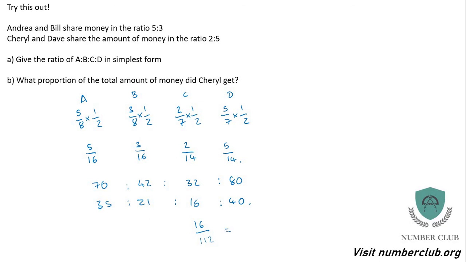So Cheryl got 16 out of 112. 16 out of 112 is equal to 1/7. So Cheryl got 1/7 of the money.